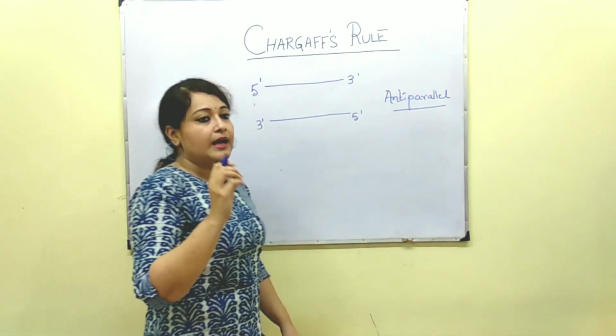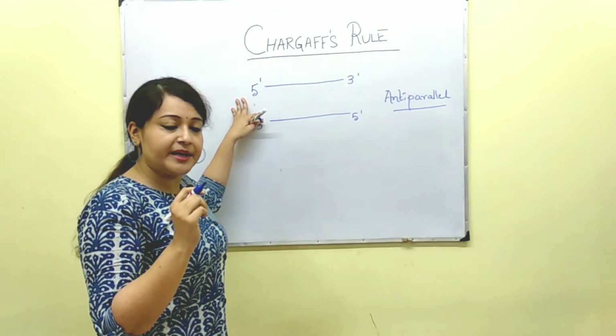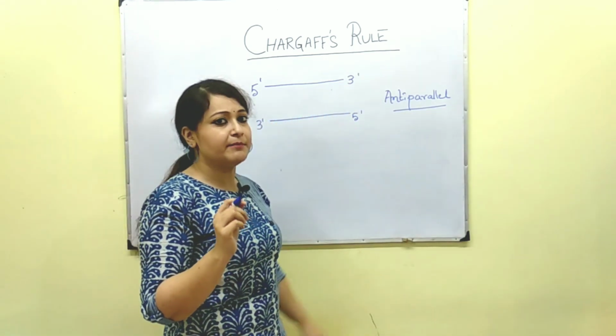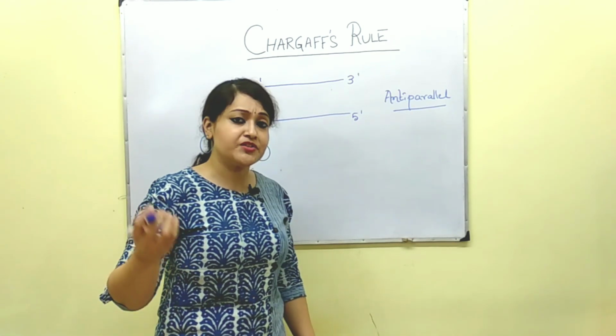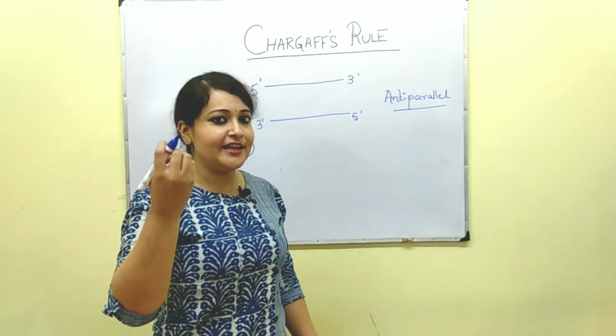Now see, here I have written 5' and here I have written 3'. How can we understand which end is 5' or which end is 3'? Is there any clue?